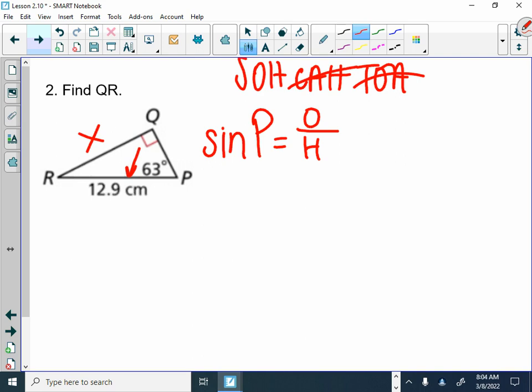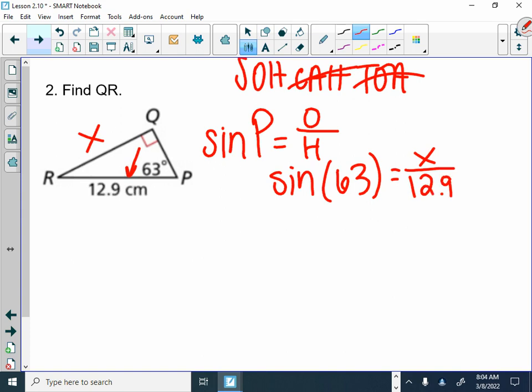Alright, let's plug everything in. So sine of P is 63 degrees, equals opposite, which is x, over my hypotenuse, 12.9. Yes, Jacob. Would it be 89 or 0.89 for your answer? Not quite.